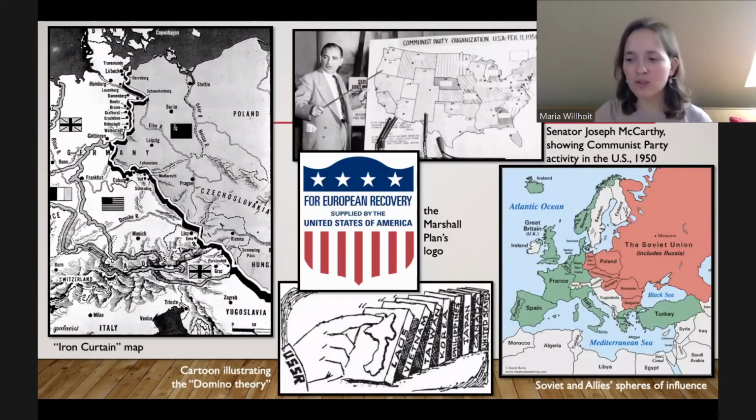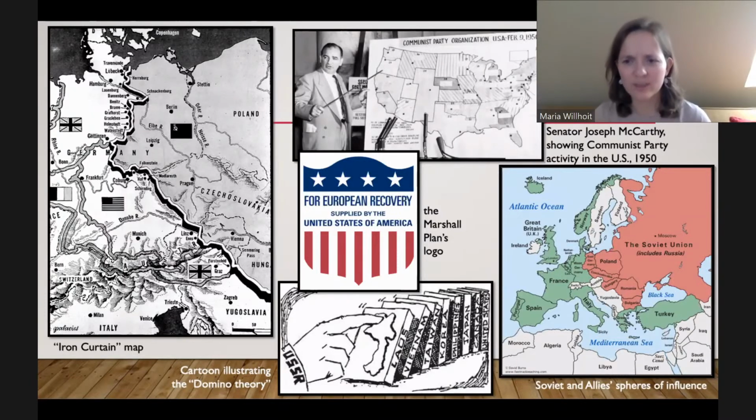And these are just some images I wanted to show you all of the Cold War. We have the Iron Curtain map here, kind of the boundary between East and West influence. We have here the domino theory, the fear that Asia especially will fall and that somehow it will come to the United States. I have here the spheres of influence, the Soviet Union. I have no idea why it says it includes Russia.